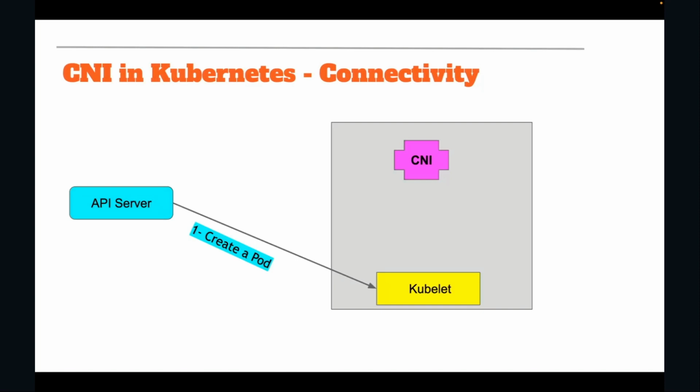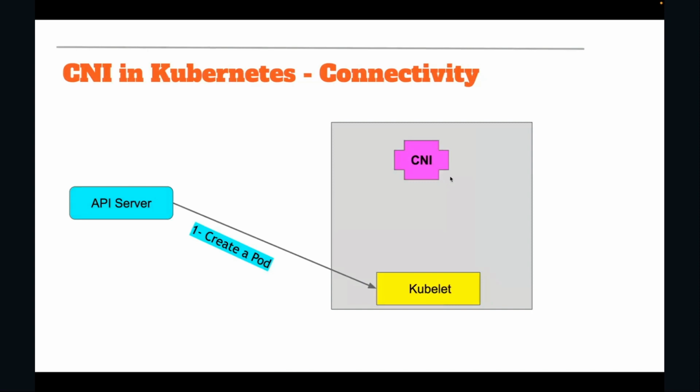So what you see here is in Kubernetes terms, and I assume that you have a basic Kubernetes understanding. Here we have the API server, which requests the kubelet on a given node to create a pod. We say, create a pod. Now on a specific node, we are going to have this CNI plugin, which has already been configured.